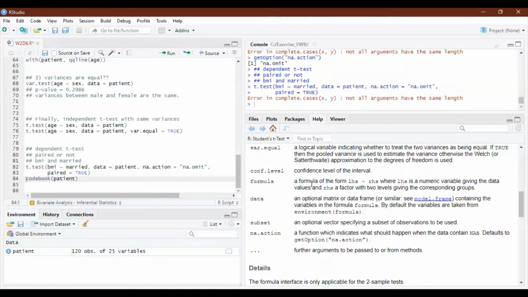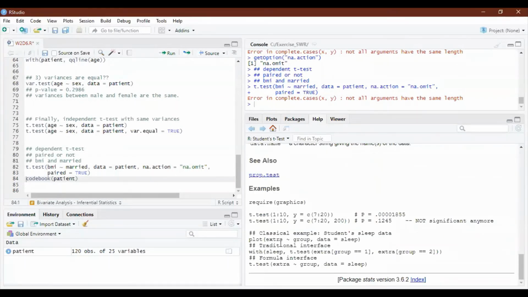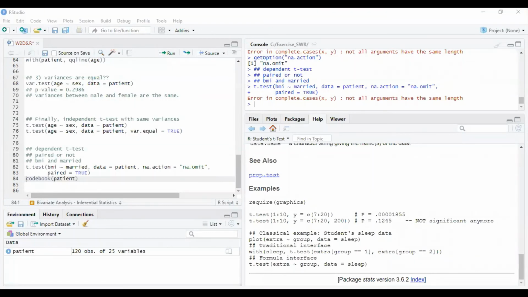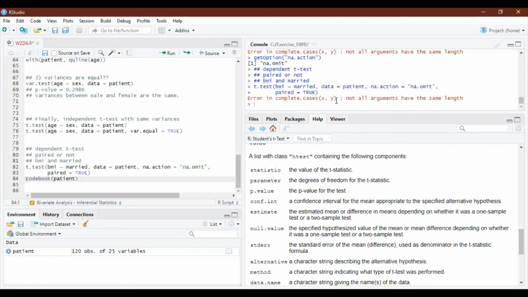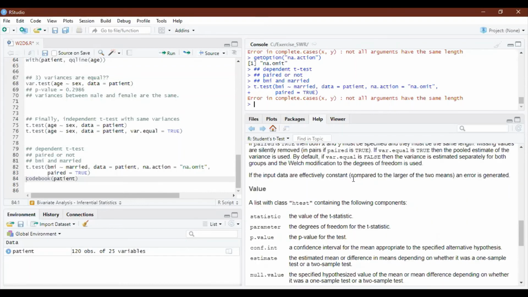I wonder why it's giving us an error. And get options.